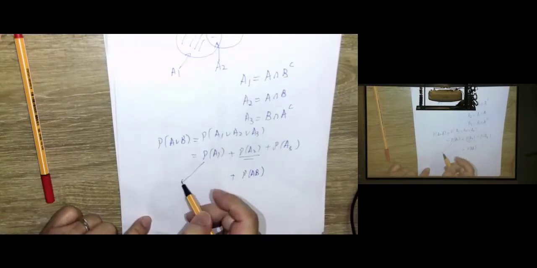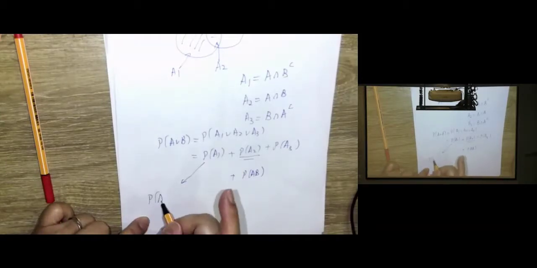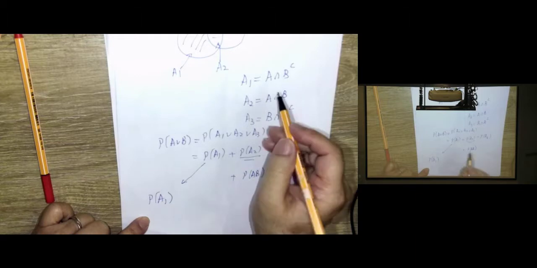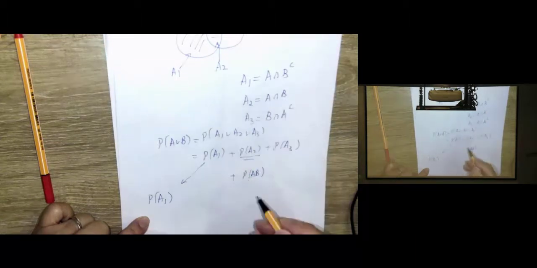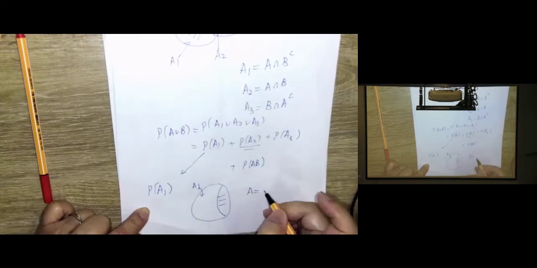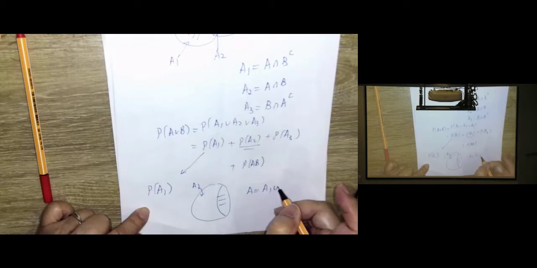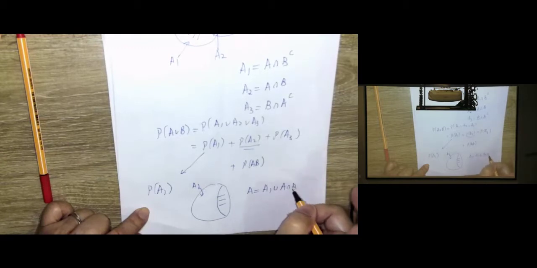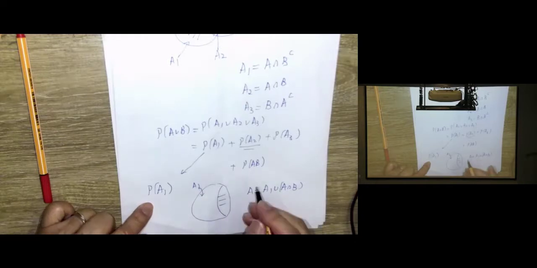Now we need to work out the probability of A1. Let me draw this again. This is my A1, and this is my A intersect B. A itself is equal to A1 union A intersect B. So we are doing something similar.